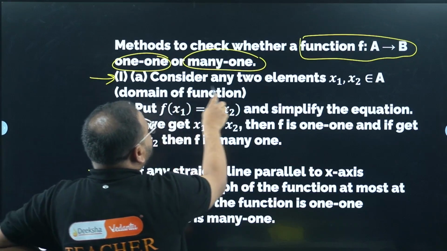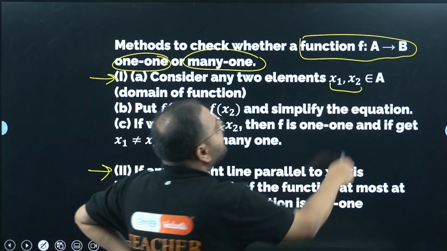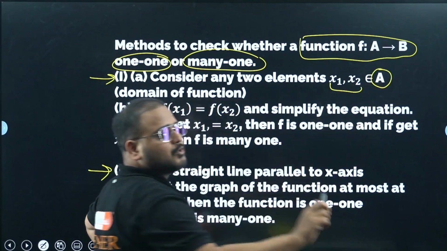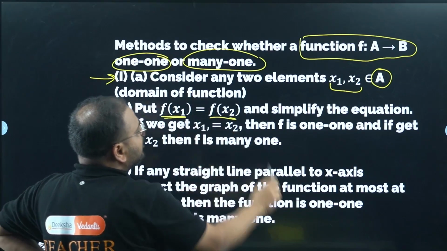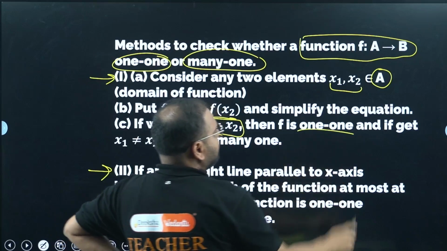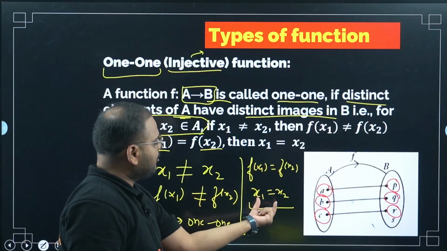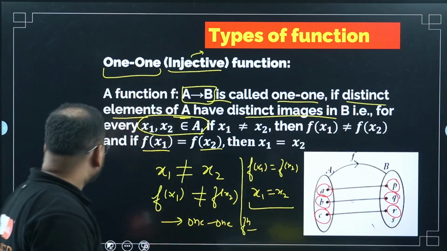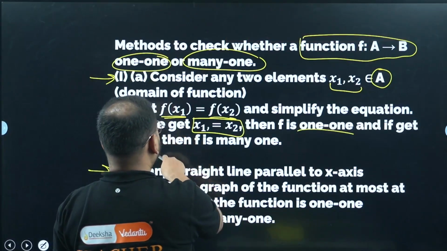Okay, so consider any two elements x1 and x2. From where, sir? From the domain. From the domain set we will consider two elements, and then find f(x1) and f(x2). If they are equal, when this is equal, it means one-one. If not, then many one.